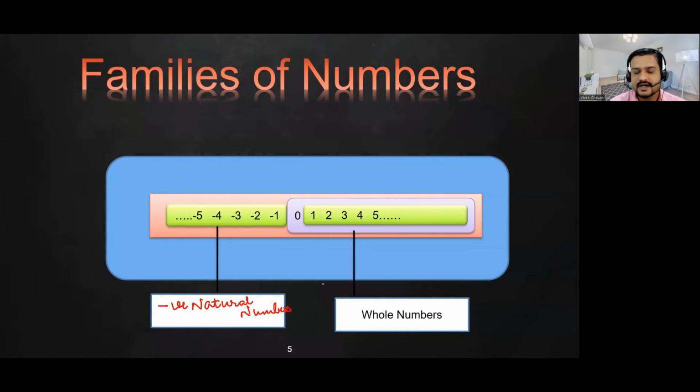We are adding the negative natural numbers, and this new family is called as integers. As new members are being added, the family size also increases. Yes or no? The family size also is increasing.